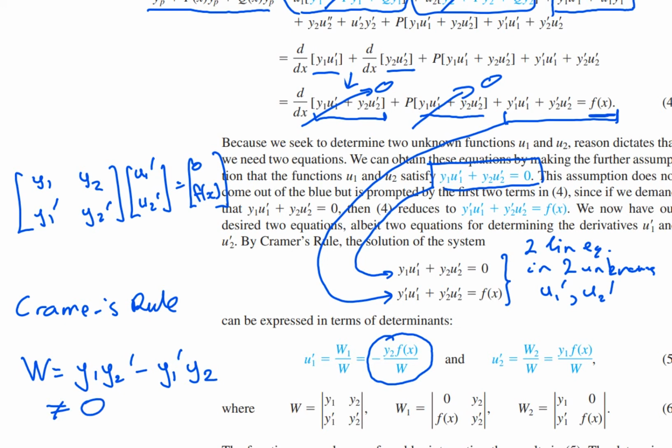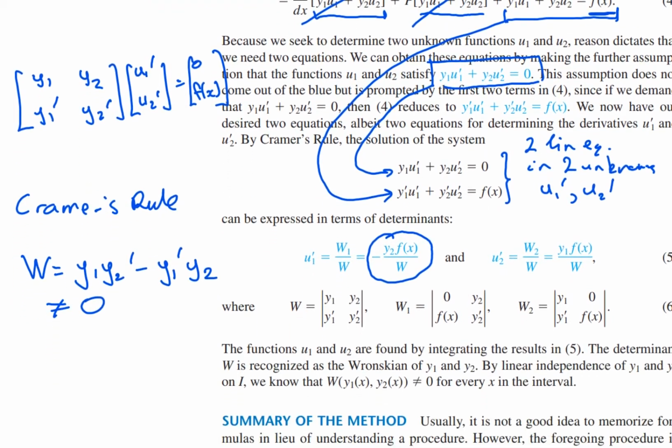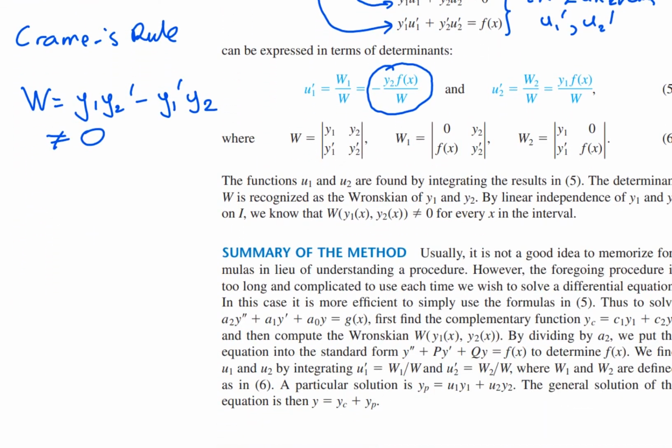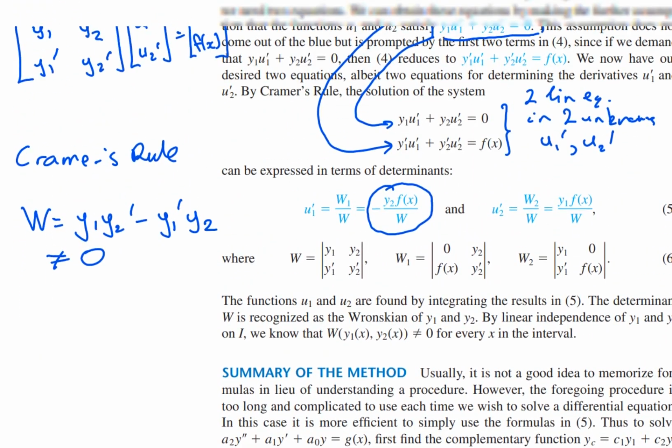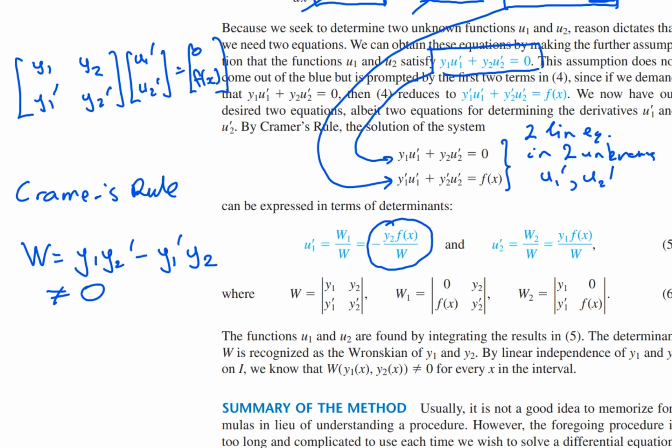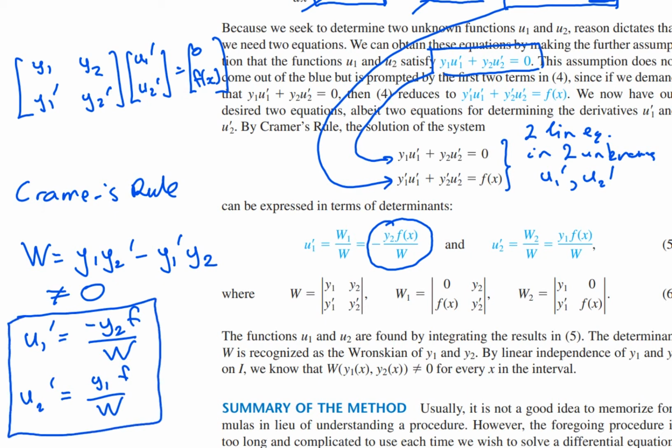So I can divide by it. Summary is u1 prime is minus y2 f over W. u2 prime is y1 f over W. And that's the formula we're going to use for the solution.